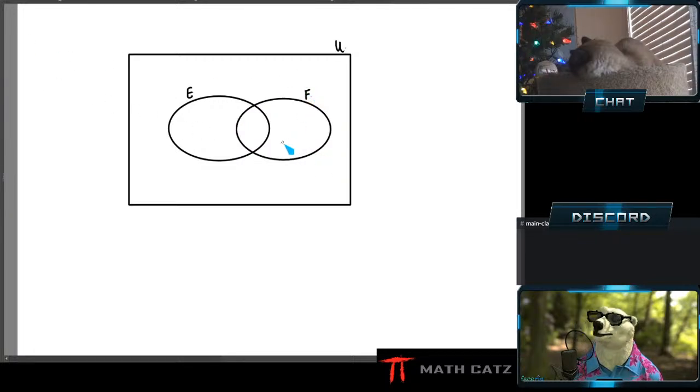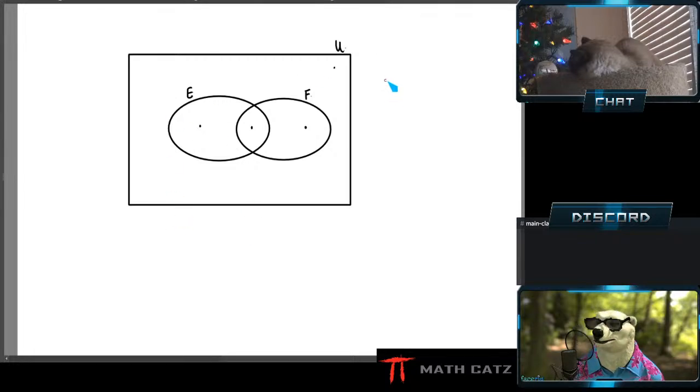Cover everything that's possible. There's stuff outside that none of these sets have, possibly. There is something over here that set E has that F does not have. There's potentially stuff here that F has that E does not have. And there's potentially an overlap as well. That covers all the possible places elements could occur relative to the sets E and F. So this is the general position for two sets in my Venn diagram.